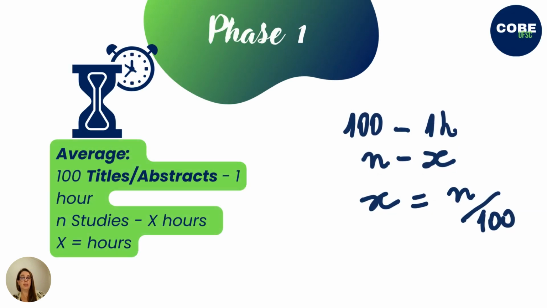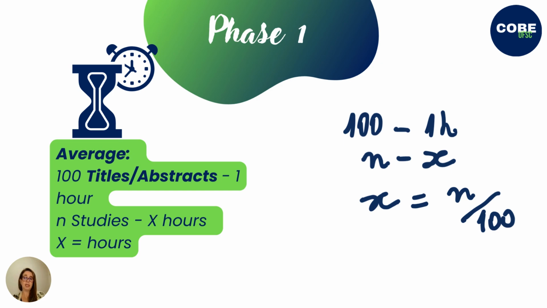We can calculate the reading time for the title and abstract screening, phase 1, by using a simple rule of 3. If an experienced reviewer can read 100 titles and abstracts per hour, you can set up the calculation like this.